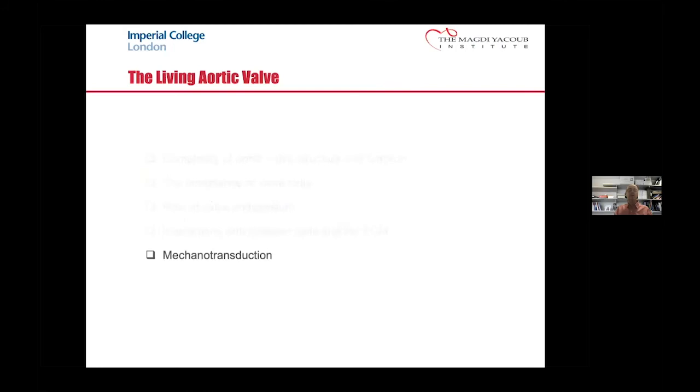And that leads on quite nicely to mechanotransduction, because cells, as we started off by looking at the effect of stretch and collagen synthesis, respond to the mechanical environment in which the valves operate.